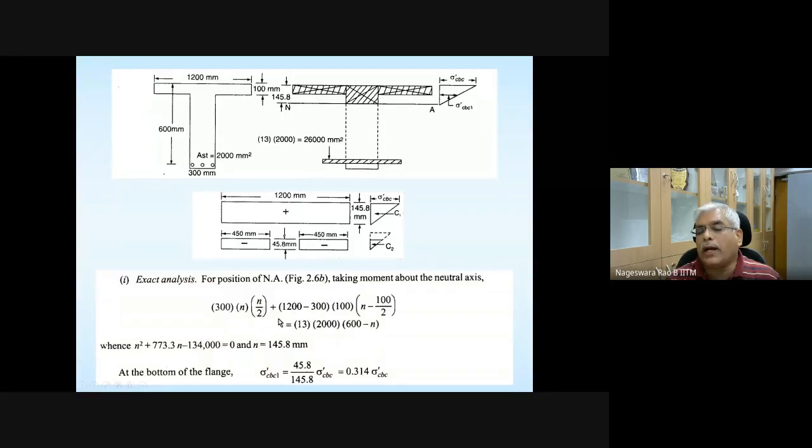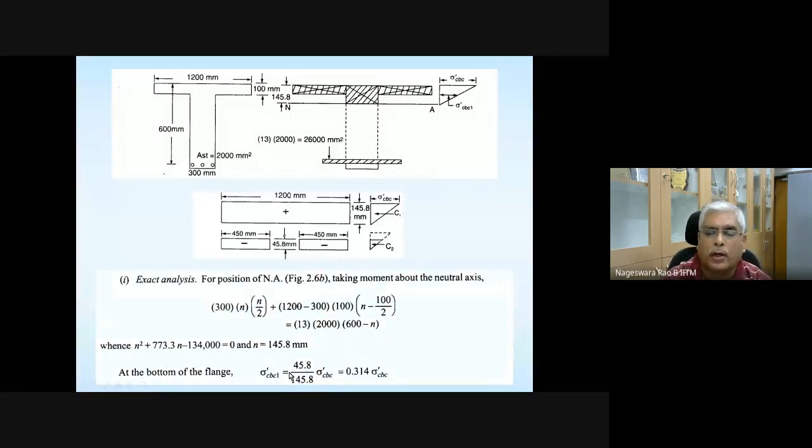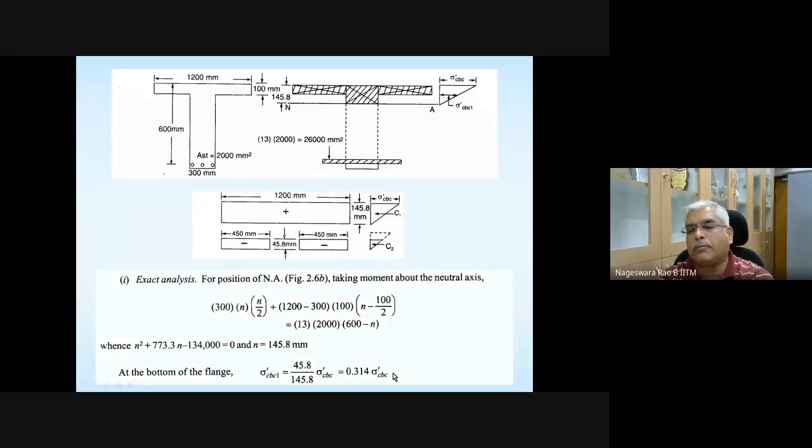Solve this quadratic equation and get the neutral axis depth. Once you get the neutral axis depth, you find the stress at the junction between the flange and web, or at the bottom of the flange. It is expressed in terms of sigma CBC prime. Any questions here?